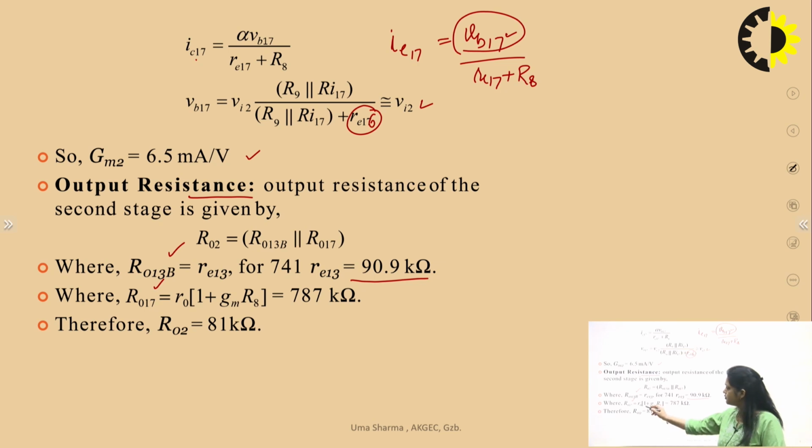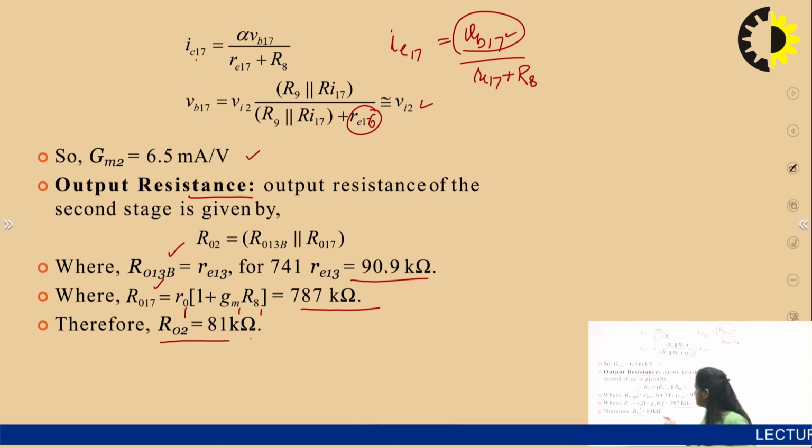After putting in the values of RO, GM and R8, we can calculate the value of RO17. By taking the parallel of these two resistances, RO13B and RO17, we can calculate the total or equivalent output impedance of the second stage, which comes in the range of kilo ohms.